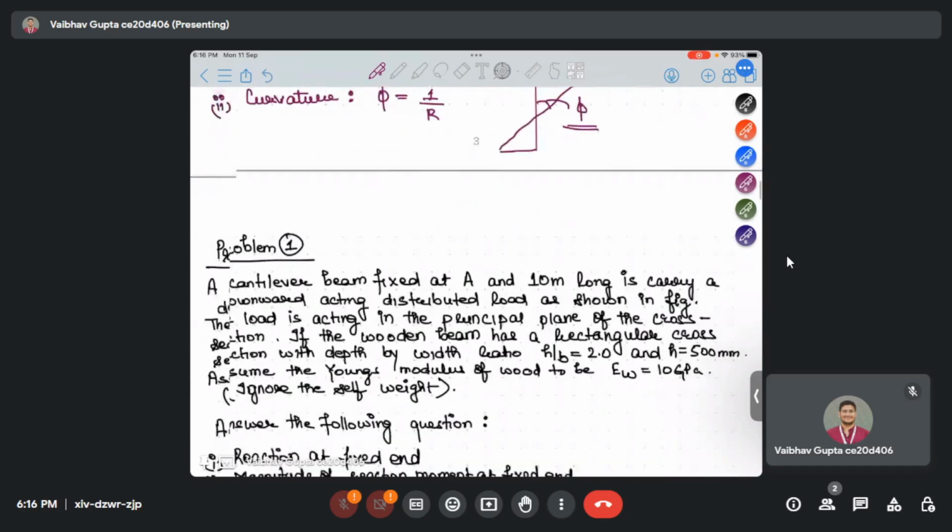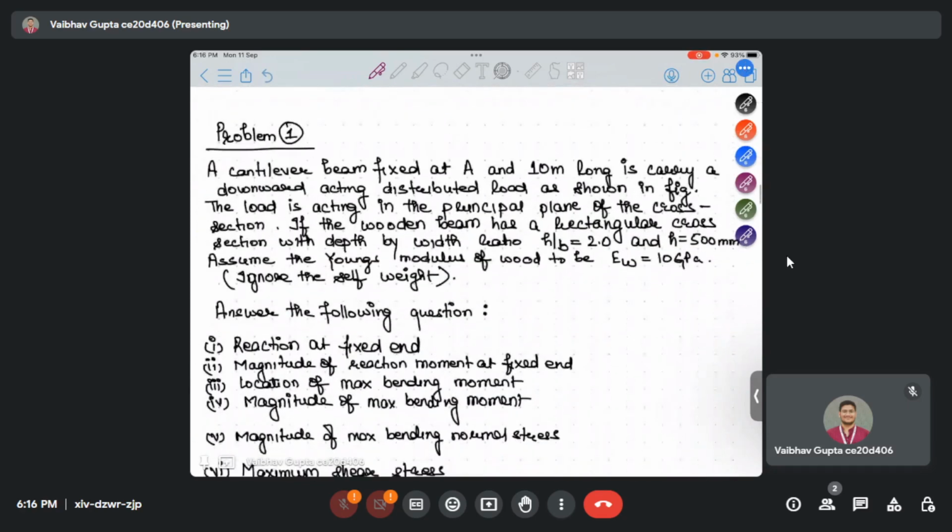So problem 1. First we'll read the problem, what the problem says. A cantilever beam fixed at A and 10 meter long is carrying a load which is acting downward, and it's a distributed load as shown in the figure. I'll show you the figure after reading the question. The load is acting in the principal plane of the cross section.